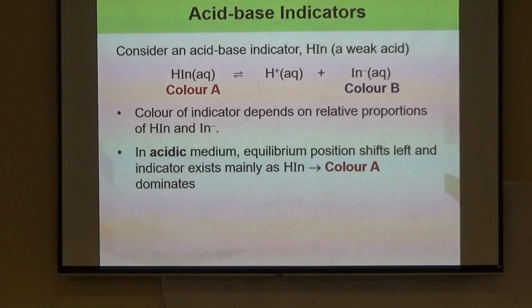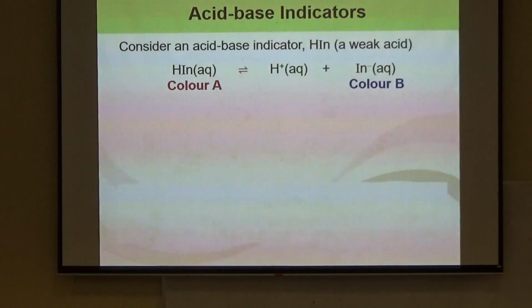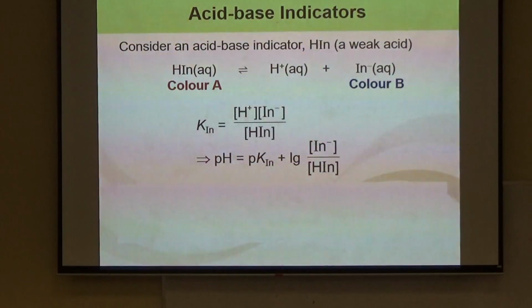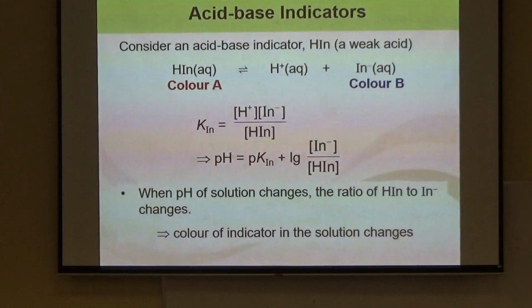You get the acidic form indicator, HIn, and that will be color A. In an alkaline medium, the position will shift right, and then you get color B. So the pH equals the pKa of the indicator plus the log of the salt over acid form. Now, when you change the pH, the ratio of the two forms will change. Therefore, the color will change.